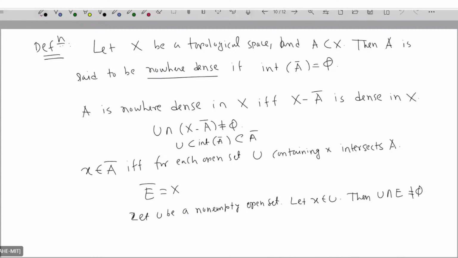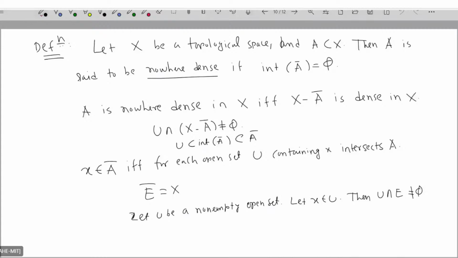Not nowhere dense cannot satisfy this statement. If this statement holds, it implies that X minus the closure of A is dense.